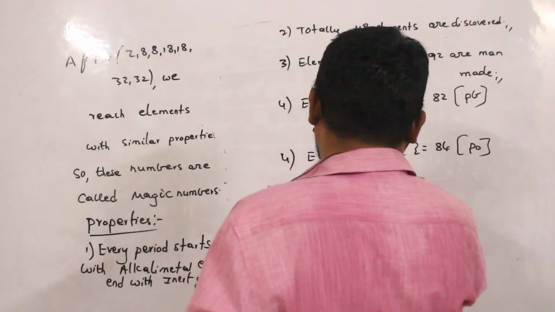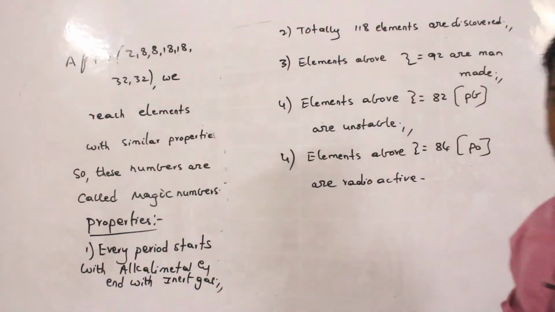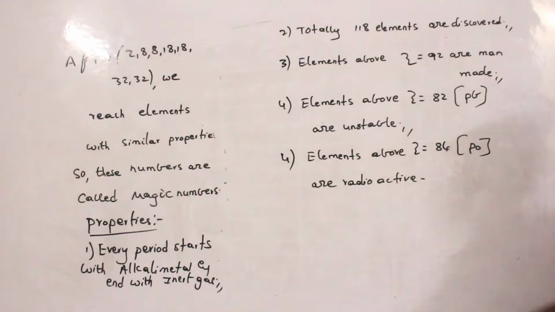So, elements above atomic number 84, and what is the element with atomic number 84? It is called polonium. All those elements are radioactive elements. Clear?